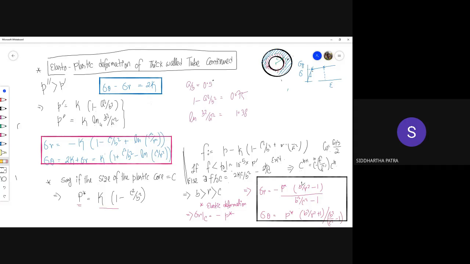Yes, B squared by A squared, because B is greater than A. So basically you are taking log with respect to any arbitrary base, let's say base A can be 10 or anything, of 4, because B by A is 2, square of that would be 4, with respect to this quantity, and then dividing, so that basically gives you ln of 4, right?